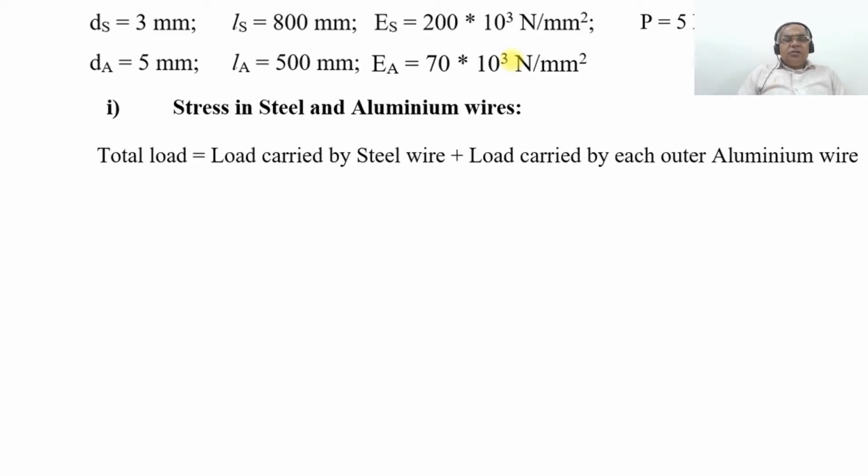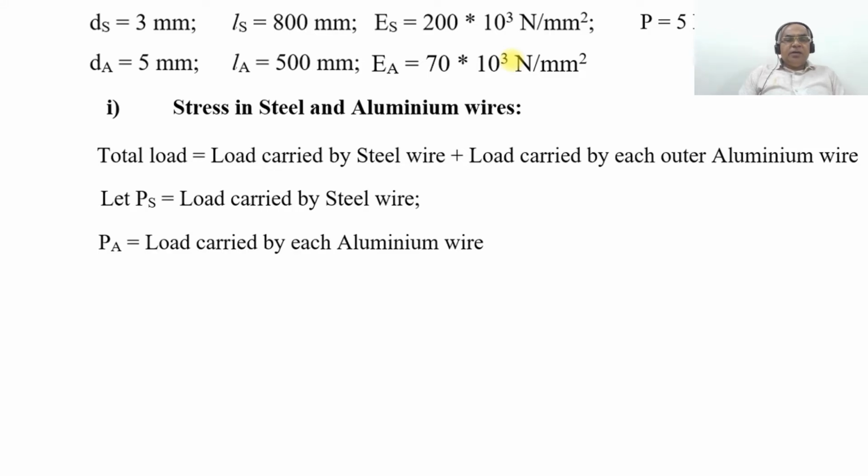First, the total load will be equal to the load carried by the steel wire plus the load carried by each of the outer aluminum wires. Let the load be capital P, which will be equal to PS plus PA plus PA. Let PS be the load carried by the steel wire and PA the load carried by the aluminum wire.